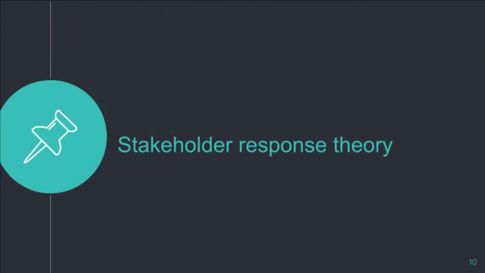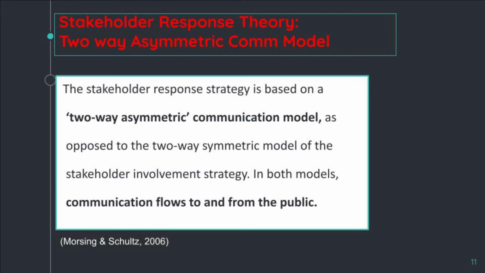For stakeholder response theory, here it is based on a two-way asymmetric communication model. This is as opposed to the two-way symmetric model of the stakeholder involvement strategy, which will be discussed later on.